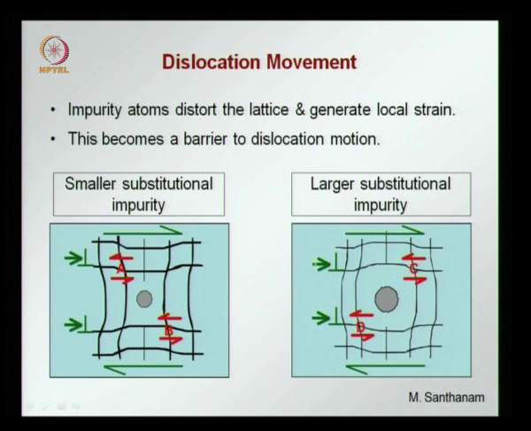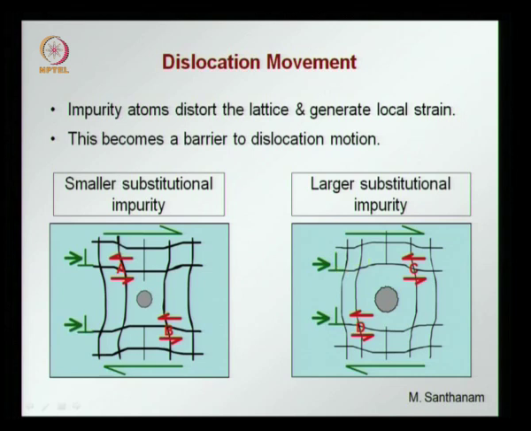So, when the dislocation has to now slip across, it encounters a surface that is not plane, but distorted. So, the dislocation now has to surpass this distortion and move across, and therefore, we require a higher shear stress than when there would be no defect and the slip plane is straight.